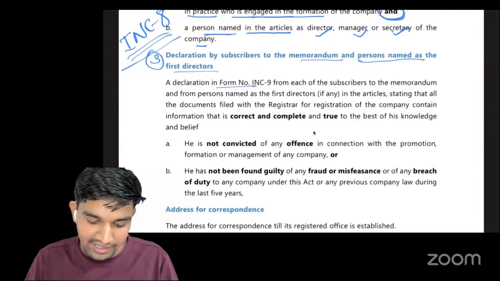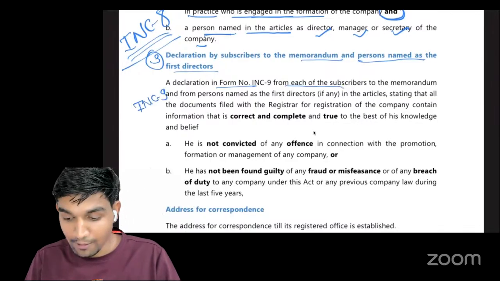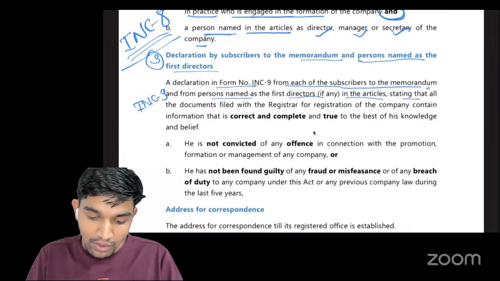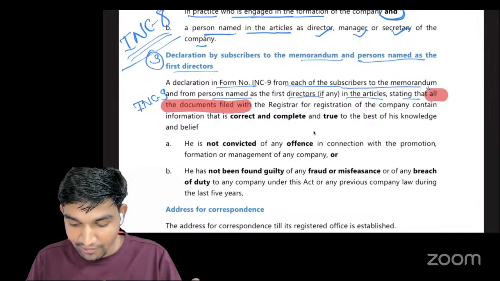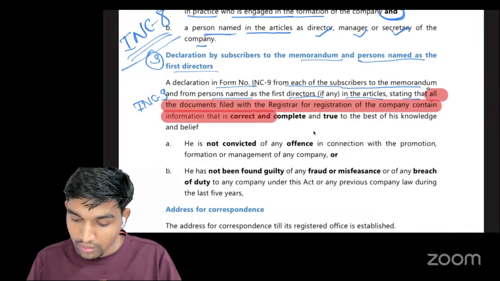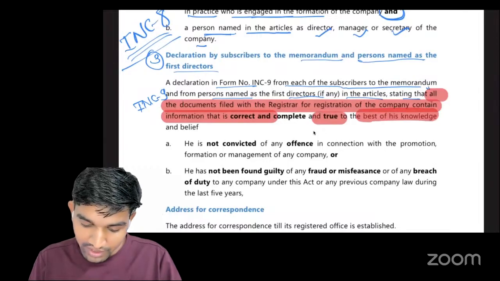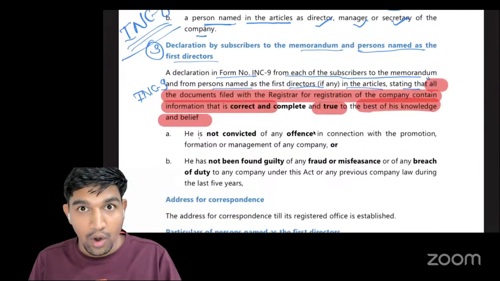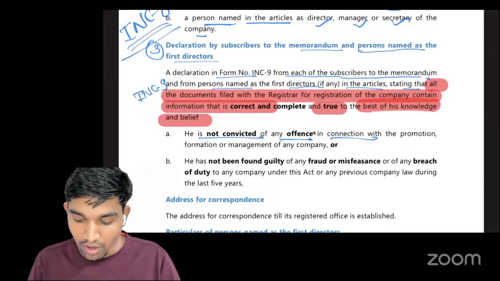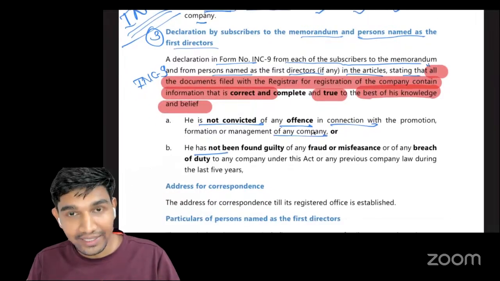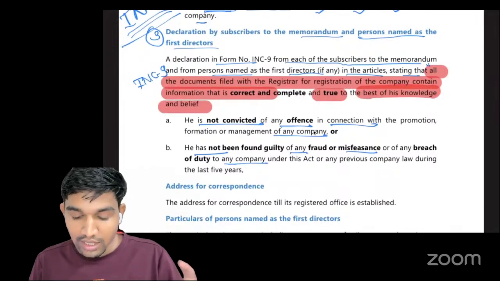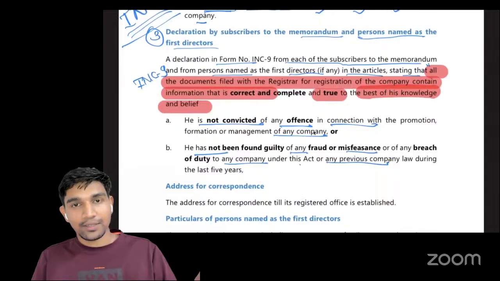A declaration in form number INC-9 from each of the subscribers to the memorandum and from the person named as first director, if any, in the articles, stating that all the documents filed with the registrar for registration of the company contain information that is correct, complete, and true to the best of his knowledge and belief, and that he is not convicted of any offense in connection with the promotion, formation, and management of any company, or found guilty of any fraud or misdemeanor or of any breach of duty to any company under this Act or any previous company law during the last 5 years.